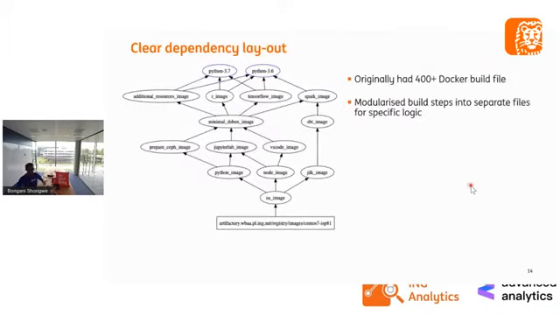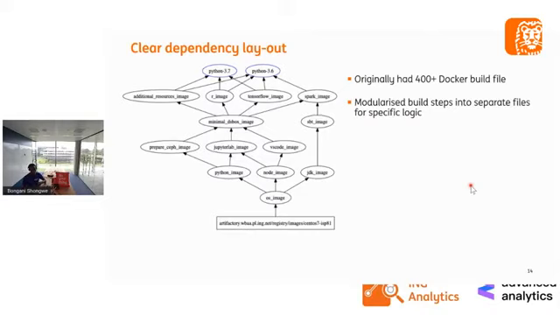So once we adopted Docker Make, we actually ended up with the following dependency layouts. It's a much clearer dependency layout for us. Remember, I mentioned that we had this one single Docker image, which was 400 plus lines long.